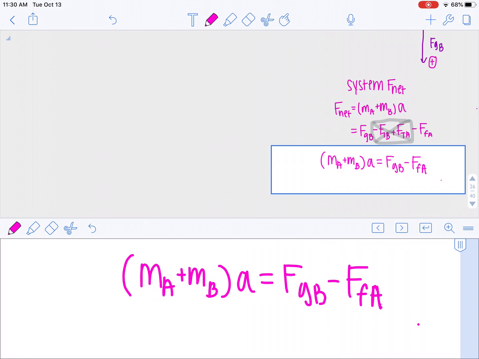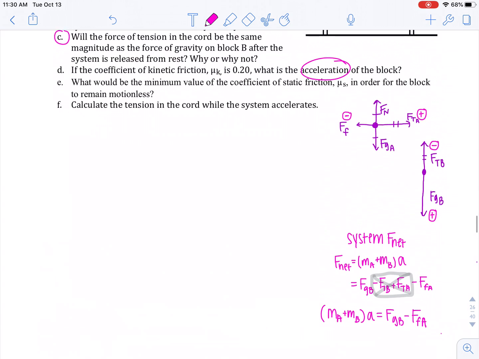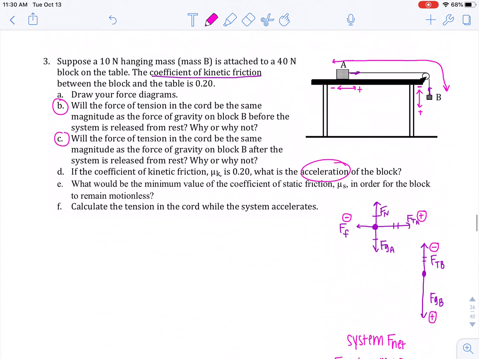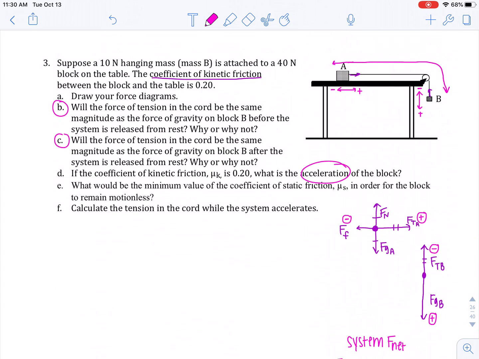So at this point, I just need to solve for these values to be able to get this acceleration. So let's look at what I'm given. I am given a 10 Newton hanging mass, a 40 Newton block on a table, and the coefficient of friction.